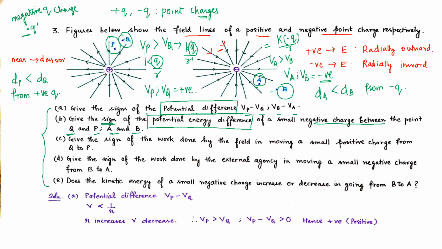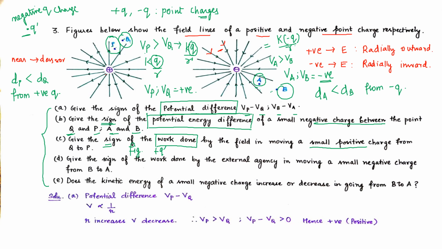In the third subset, they have asked us to give the sign of the work done by the field in moving a small positive charge from Q to P. In this case, in figure 1, we are moving some plus Q dash in the field and we need to find the work done.